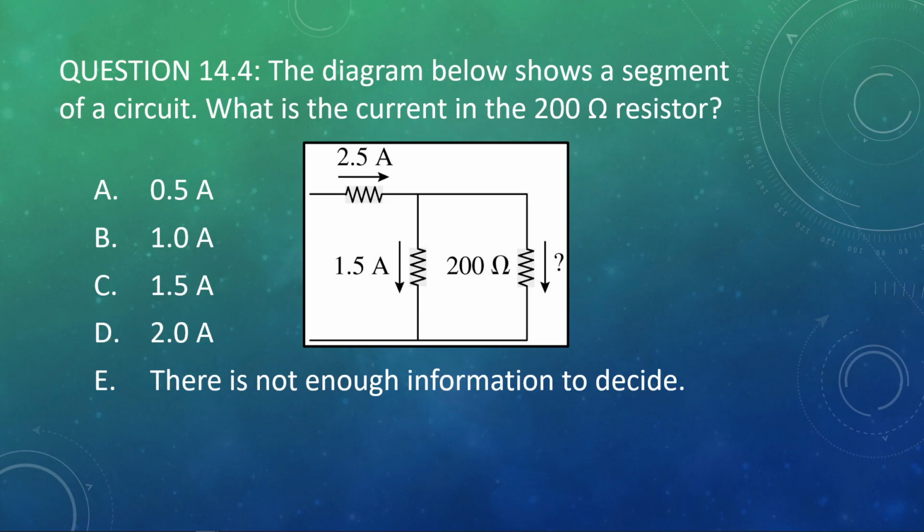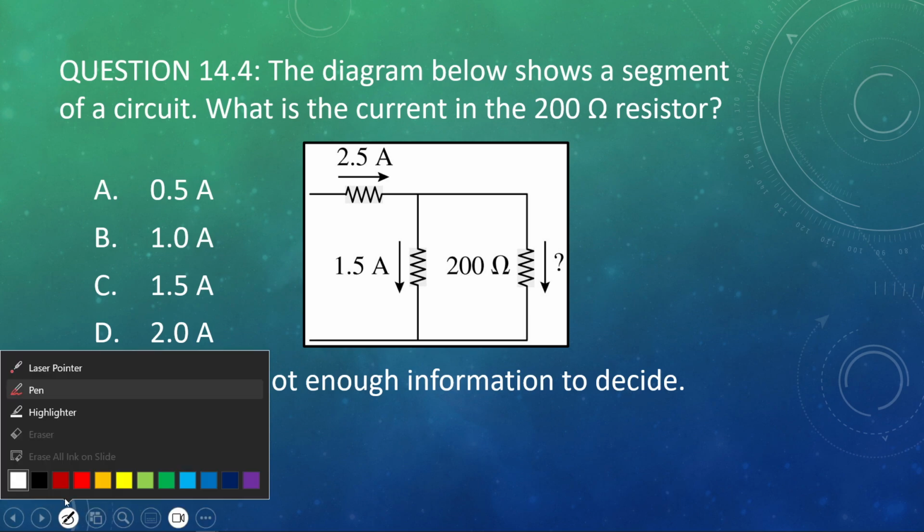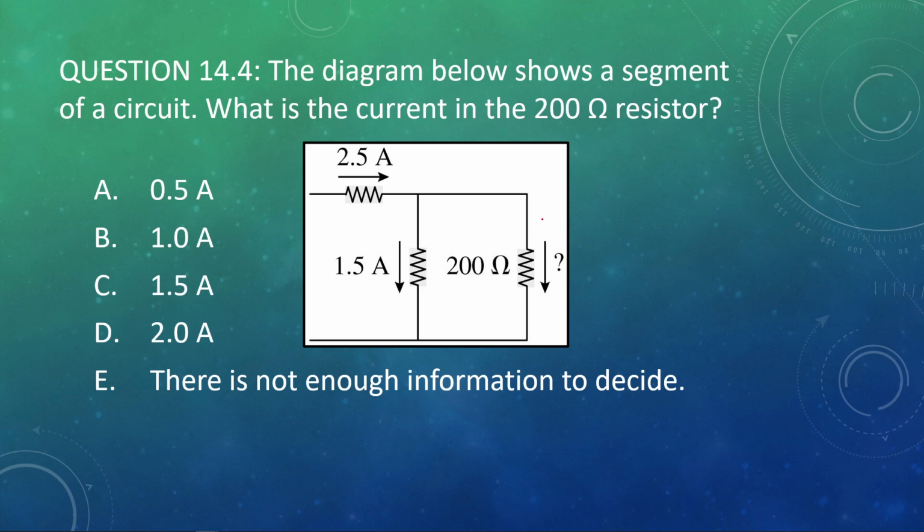So, let's practice with a question real quick. The diagram below shows a segment of a circuit. What is the current in the 200 ohm resistor? In other words, right here, I equals what?